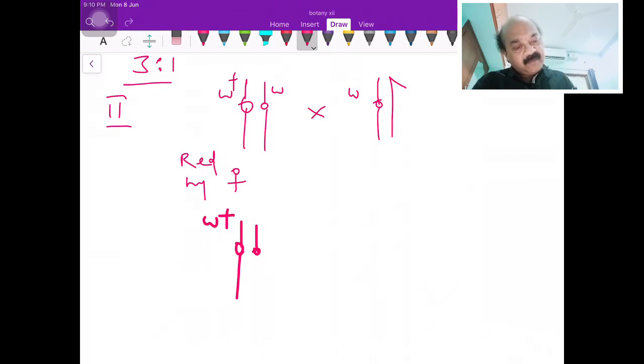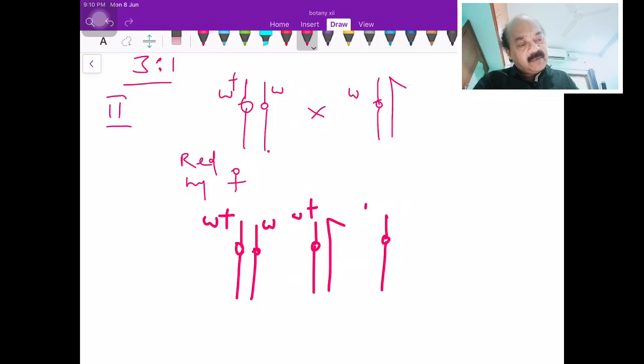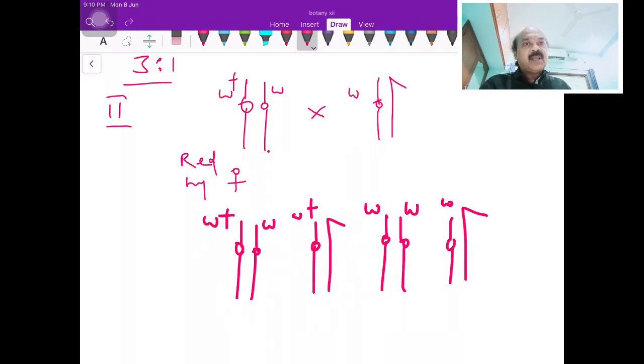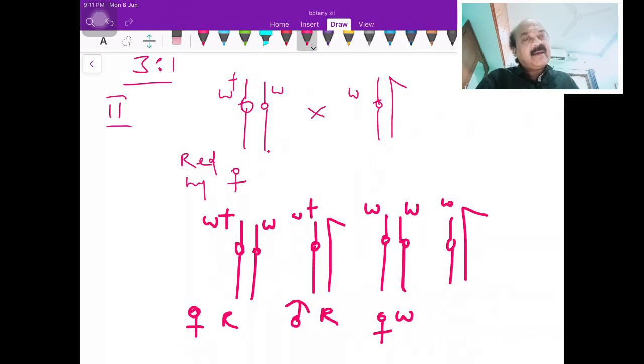The progeny are W plus W, W plus Y chromosome, W W, and W Y. If we analyze this progeny, this is a red-eyed female, this is a red-eyed male, this is a white-eyed female, and this is a white-eyed male.